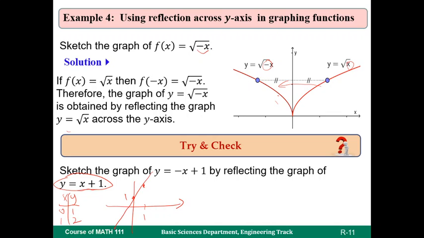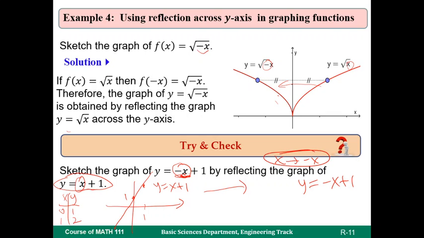So this is y equal to x plus 1. Now, in this function, x is replaced by negative x. So in the new one, you get y equal to minus x plus 1.